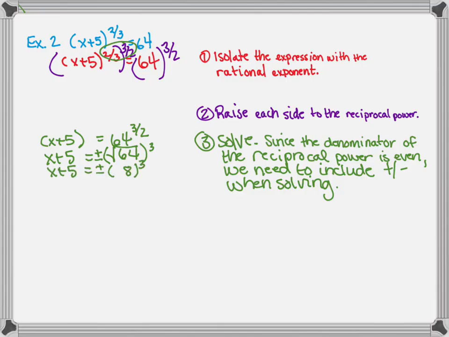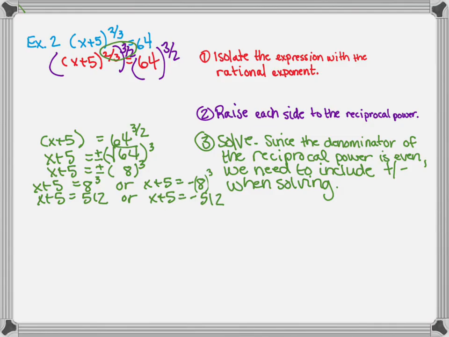X plus 5 equals plus or minus, the square root of 64 is 8, so 8 cubed. X plus 5 equals either 8 cubed or x plus 5 equals negative 8 cubed. So x plus 5 equals 512, or x plus 5 equals negative 512.